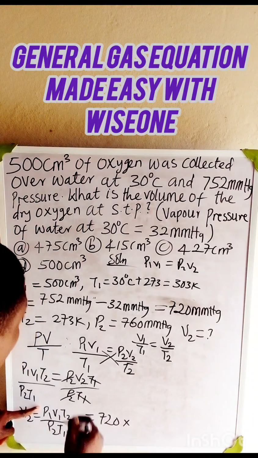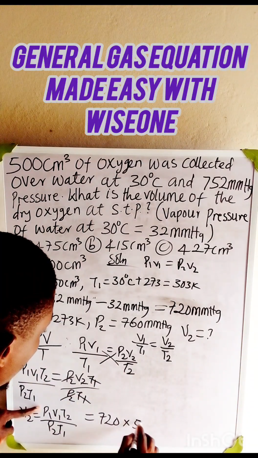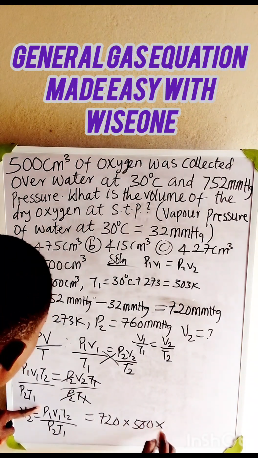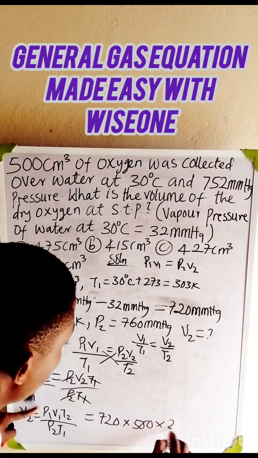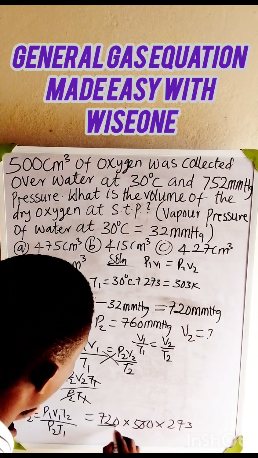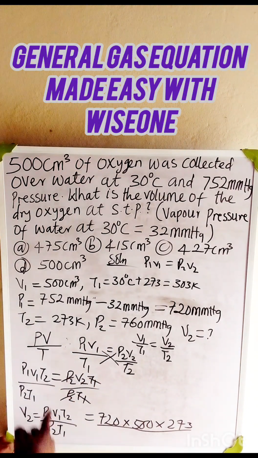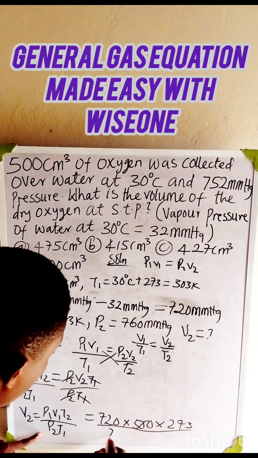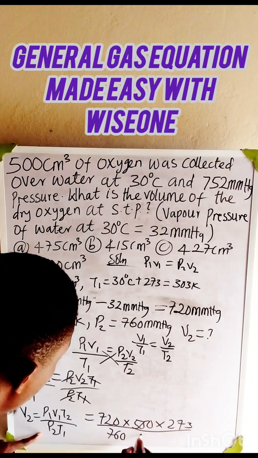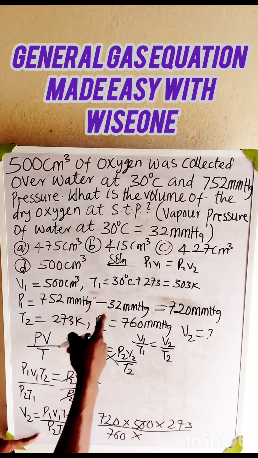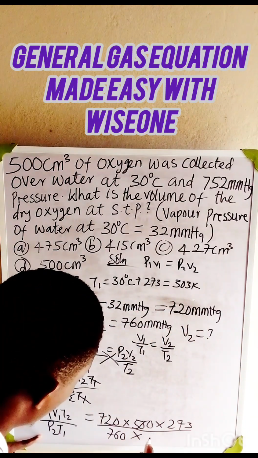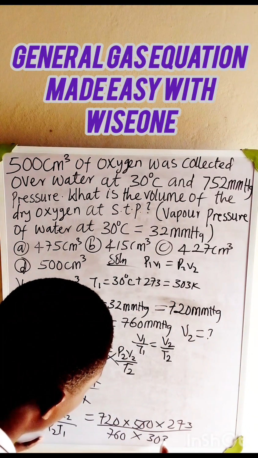Our V1 was given to be 500 cm cube. Then our T2 is given to be 273. Let's divide it by our P2, which was 760, and our T1, the initial temperature, which was given to us to be 303.